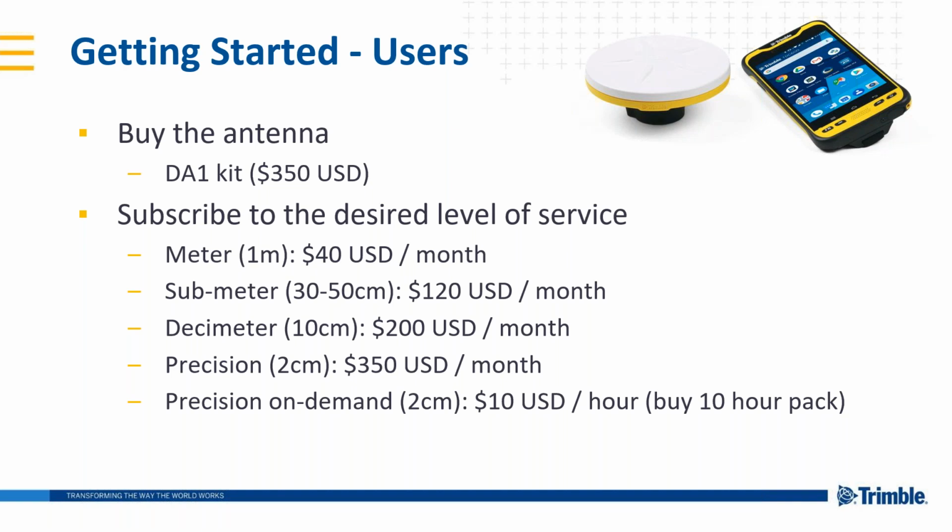There are 4 monthly subscriptions: the meter, sub-meter, decimeter, and precision. And then if you're looking for more of a pay-as-you-go model, then the precision on demand is available to you, where you can buy a block of 10 hours and consume those, and then top up as needed as you go.